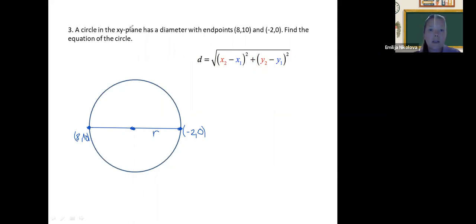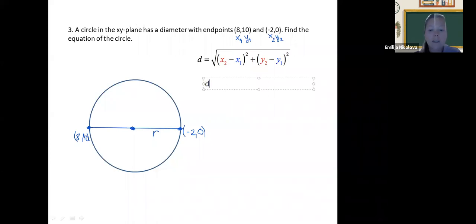So let's find the length of the diameter. This is the formula. We can put in the given values: this one can be x1, this can be y1, this can be x2, and this can be y2. We just need to put them inside the formula.